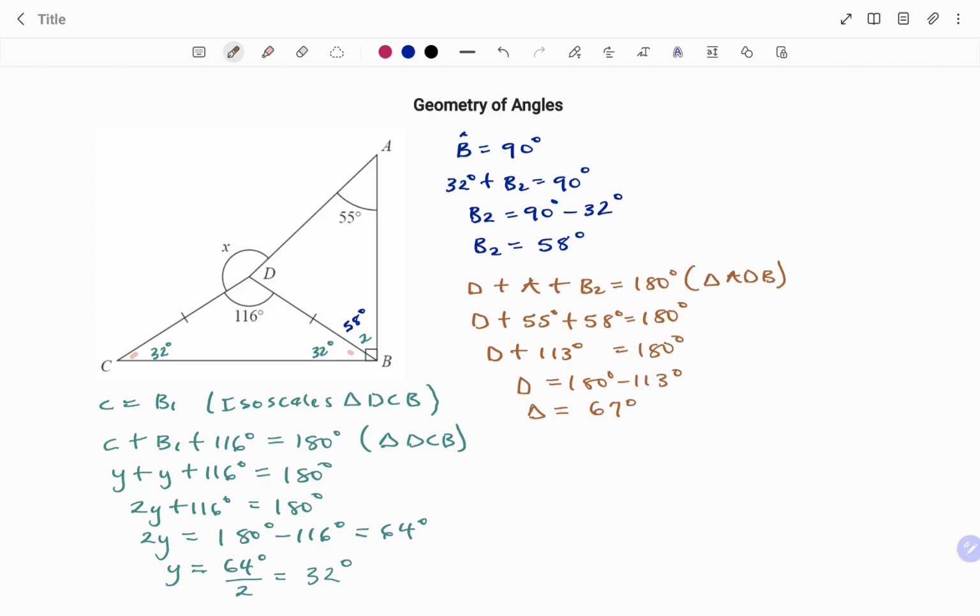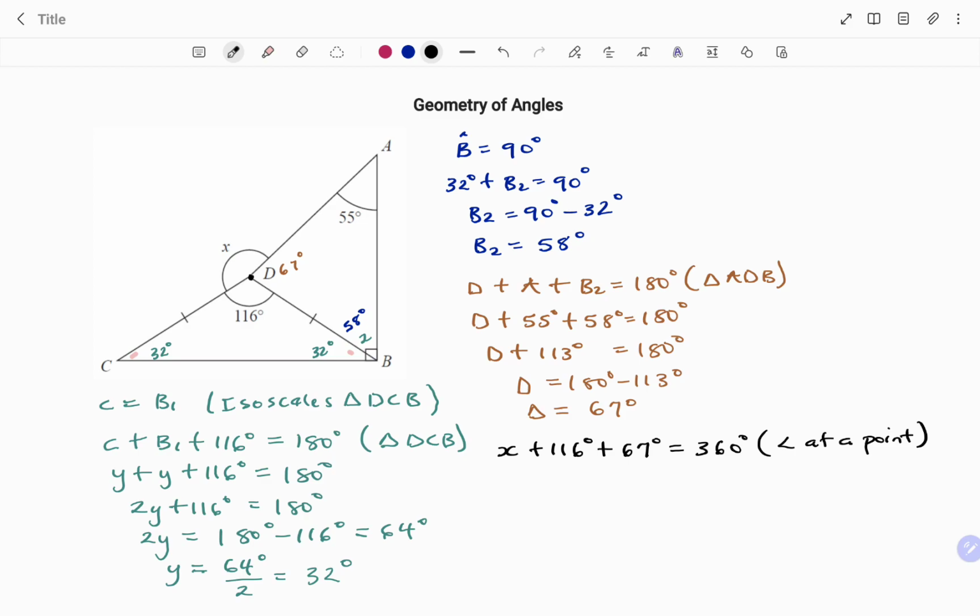67 degrees. Now, to find our x, we have angle at the point, x plus 116 degrees plus the value of D, which is 67 degrees, equals 360 degrees. There's angle at a point. The sum of angles at a point equals 360 degrees.